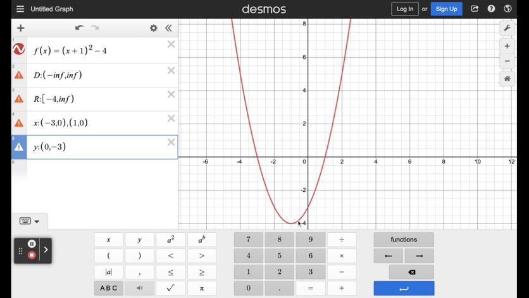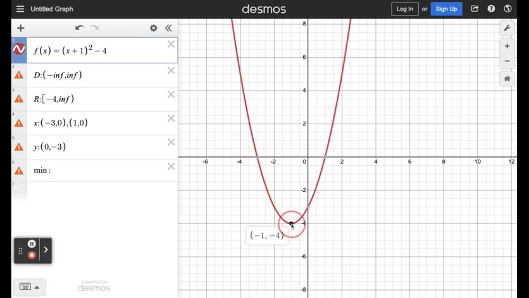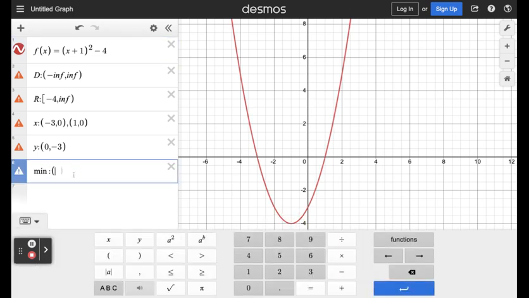And then this guy has a minimum, the smallest it can go, and that is at negative 1, negative 4. Now, the only time you're going to use brackets is when you're talking about the range and domain, and then when we additionally add on negative and positive, but not today. So this is all the information to describe this graph, this parabola. Okay.